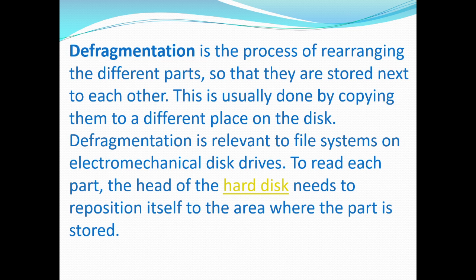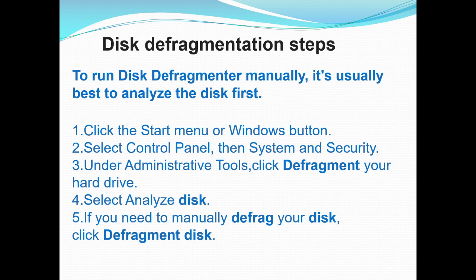Defragmentation is relevant to file systems on electromechanical disk drives. To read each part, the head of the hard disk needs to reposition itself to the area where the part is stored.